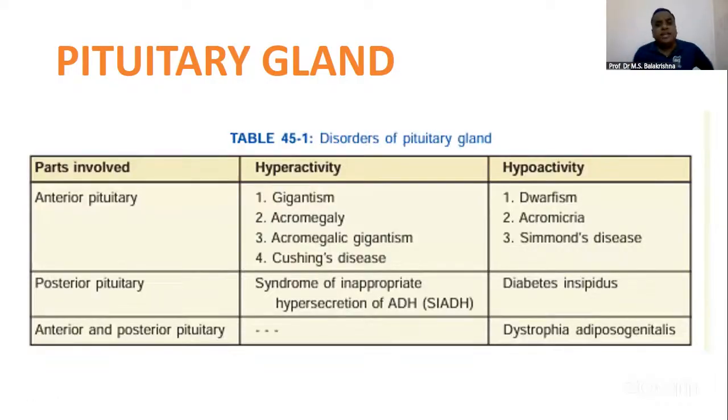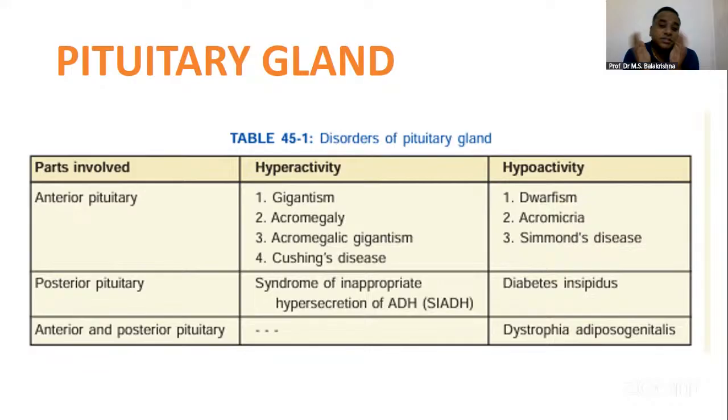If there is hormonal dysfunction of the pituitary, then with hypersecretion from the anterior pituitary, gigantism, acromegaly, and Cushing disease occur. If the anterior pituitary is not working, dwarfism, acromicria, and Simmonds disease occur.